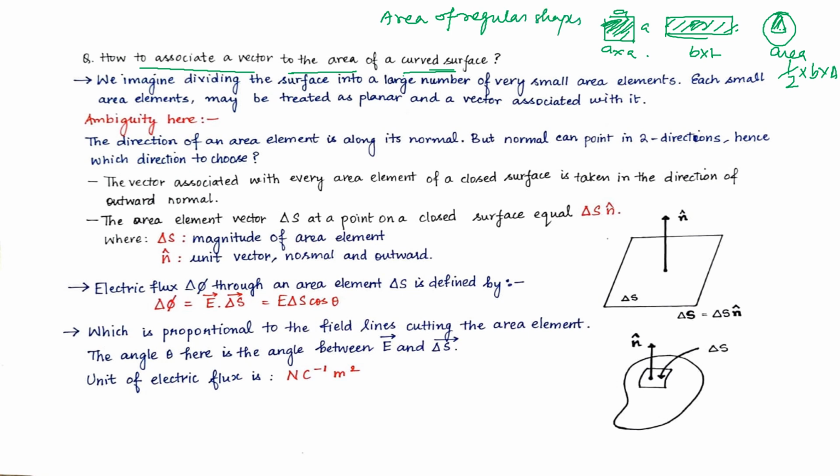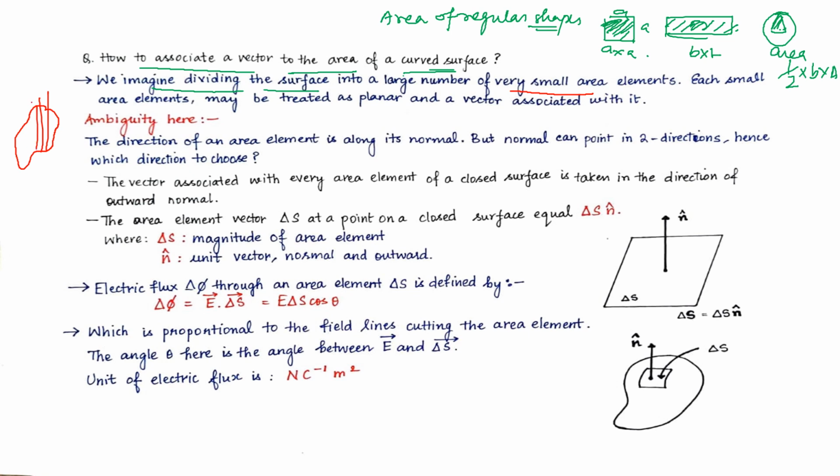But when it comes to curved surfaces and irregular surfaces, how can we find out the vectors of area associated with them, and how can we find out the area also? So see here, we imagine dividing the surface into a large number of very small area elements.